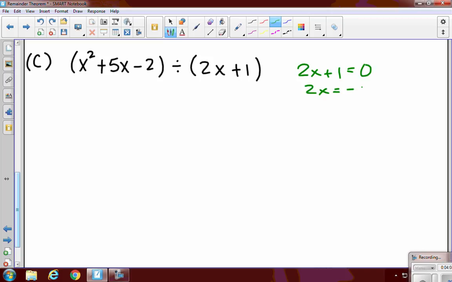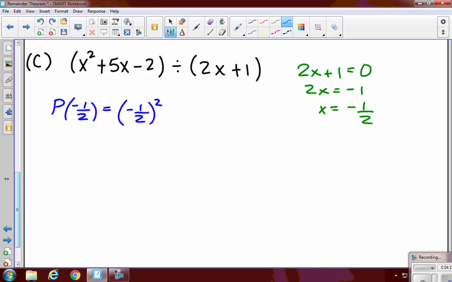Back to our early days of algebra, we should get x equaling negative 1/2. So this is what we're going to put into our polynomial to determine our remainder. If I evaluate the polynomial at negative 1/2, what would my remainder be? Again, the brackets are going to play a huge role here.